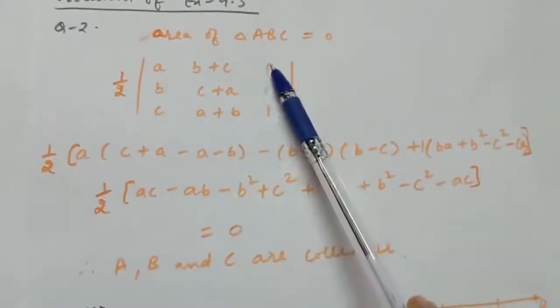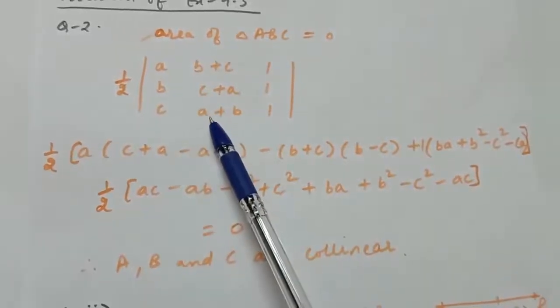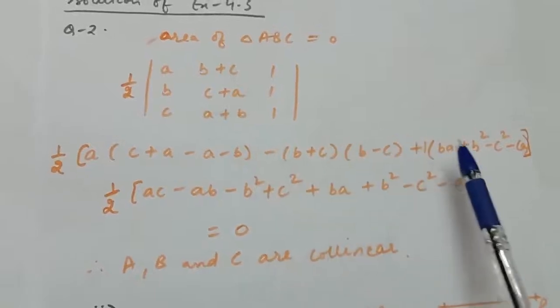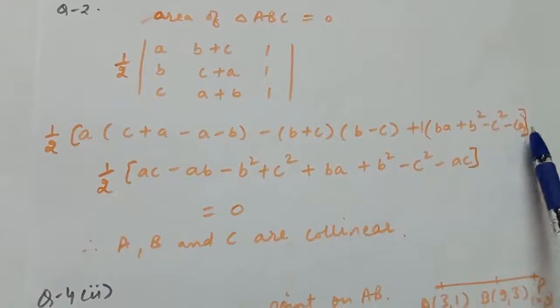Now leave this first row and third column, so you will get B into A plus B minus C into C plus A, which will be BA plus B square minus C square minus CA.